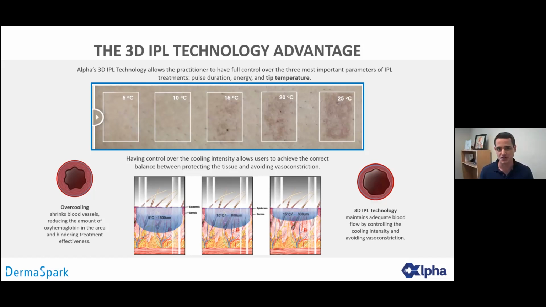I don't want to say warm, but keep it at 15 centigrade if you can, to allow normal blood flow and to prevent vasoconstriction. And this will have a dramatic impact on the result of the treatment. All right, I hope that this is clear. I am moving forward now.